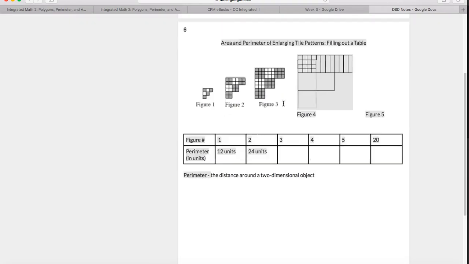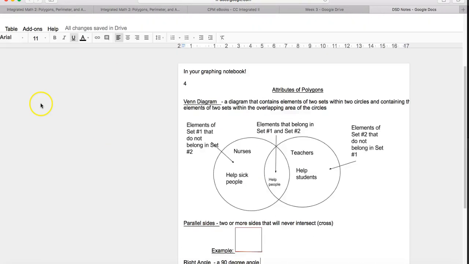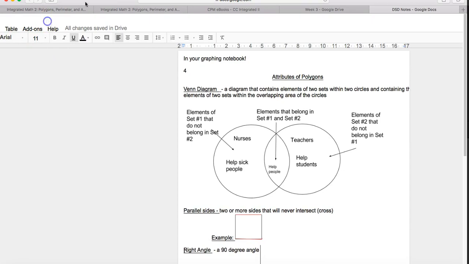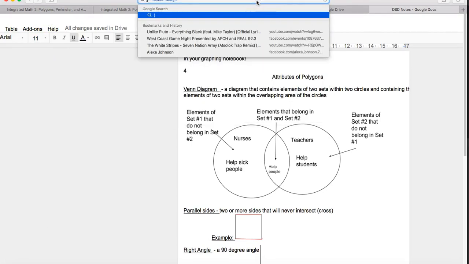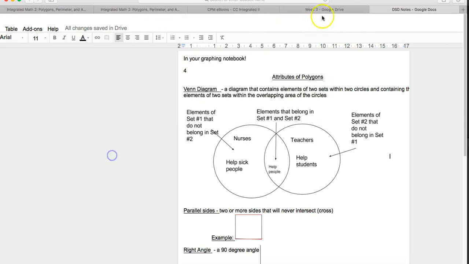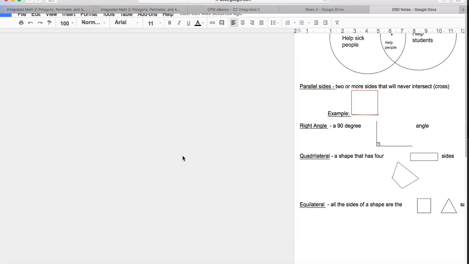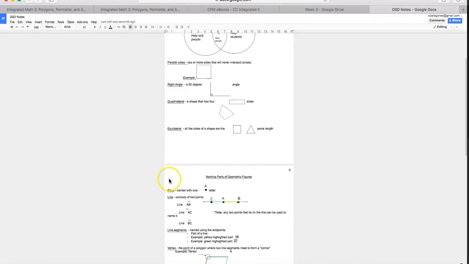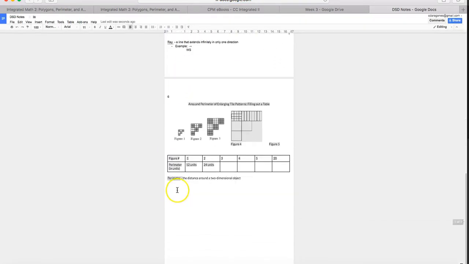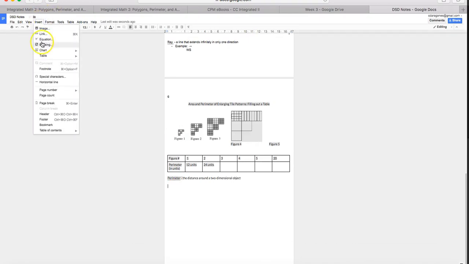You're going to go ahead and insert or draw a table. Sorry, let me fix this. Okay, there you go. You're going to go ahead and create a table with the same number of rows and columns. So 2 rows, 7 columns.